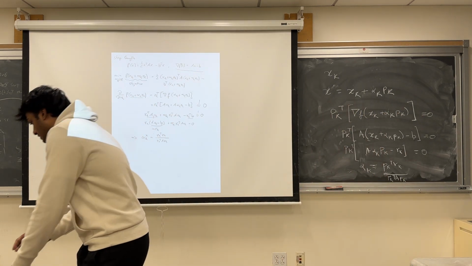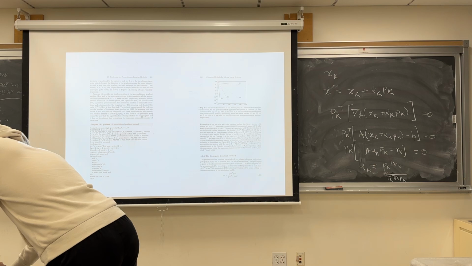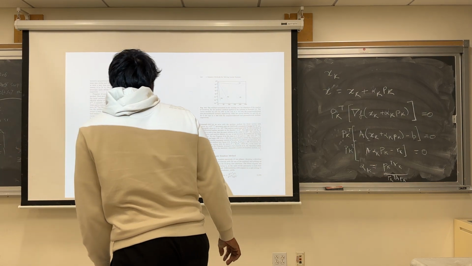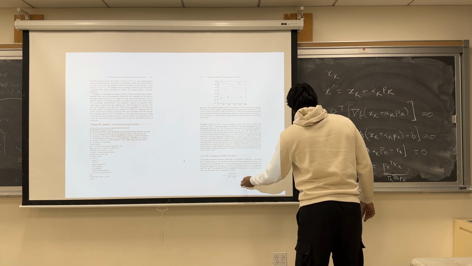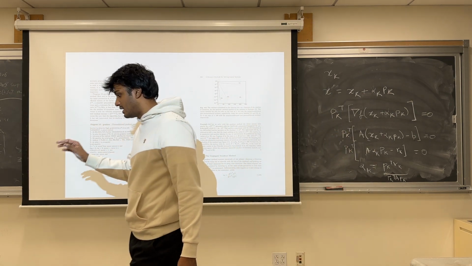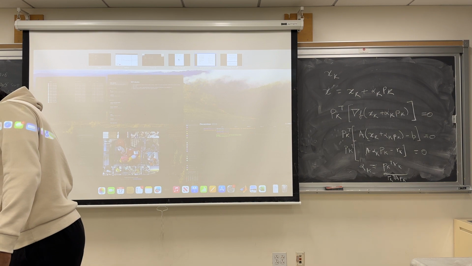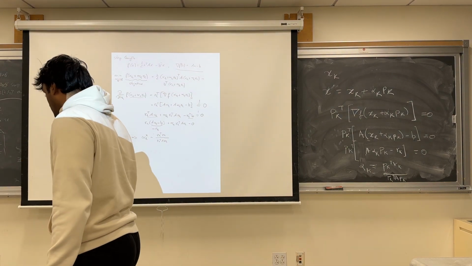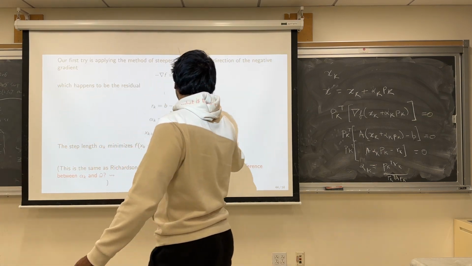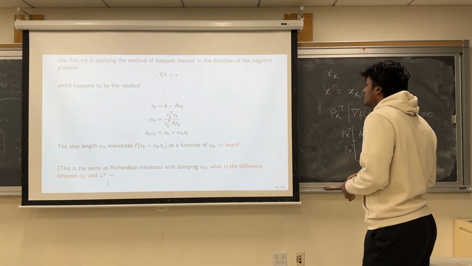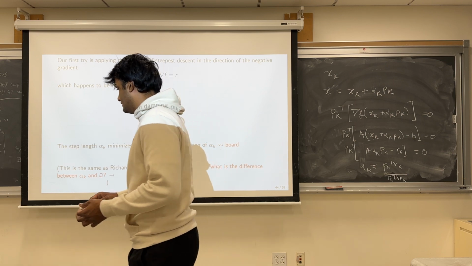Is this correct? Let me look. Yes: pk transpose rk over pk transpose A pk. So given any general direction, now I know the alpha which will minimize xk plus alpha pk, right?